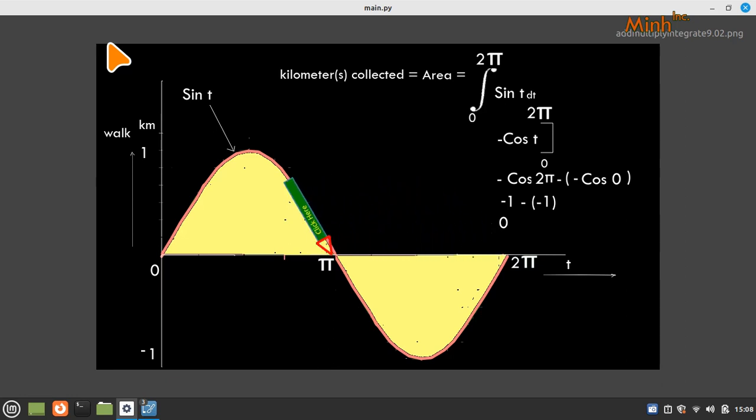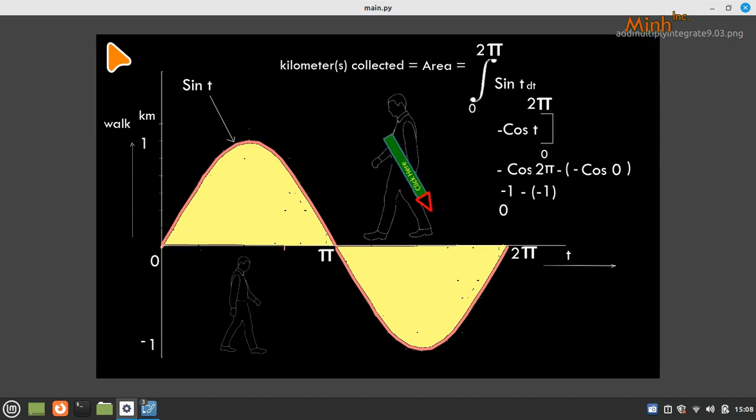Each part has its own distance traveled, but if we calculate both and add them, it is 0. That is the integral of sin t dt from 0 to 2 pi, so minus cos 2 pi plus cos 0 becomes 0. So the area is perfect.